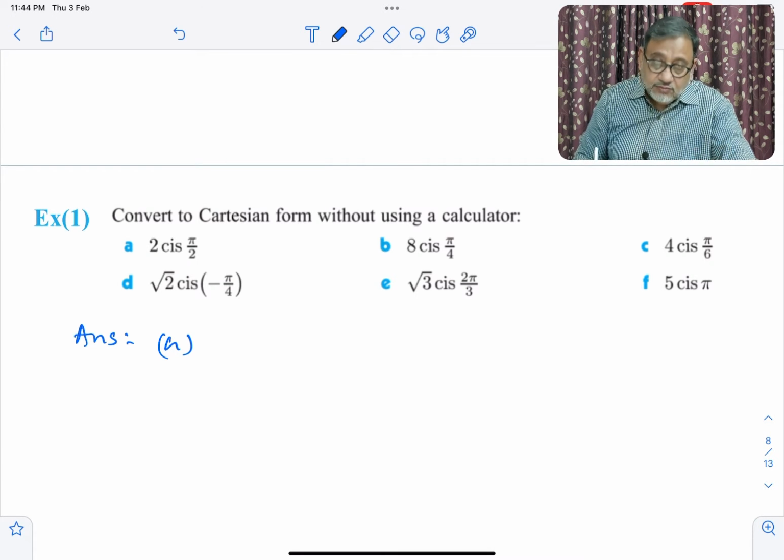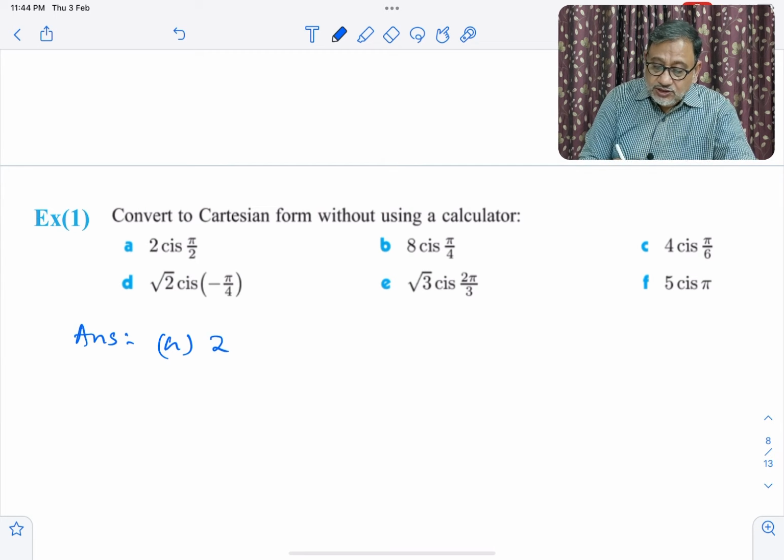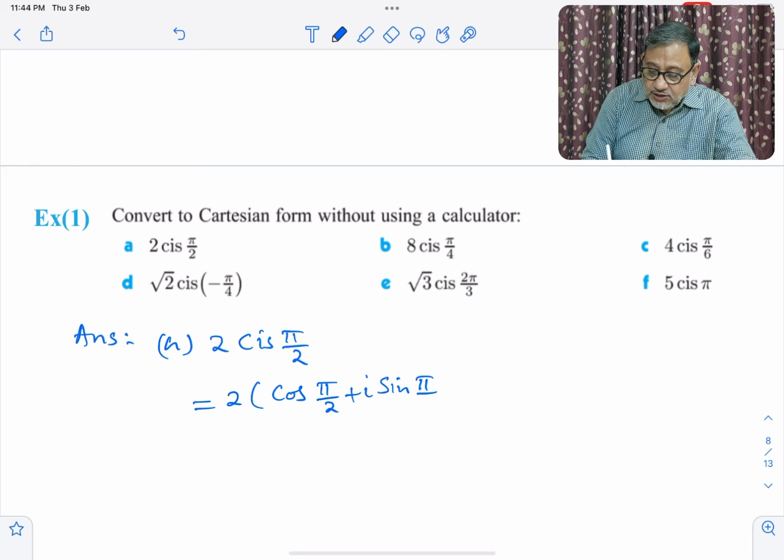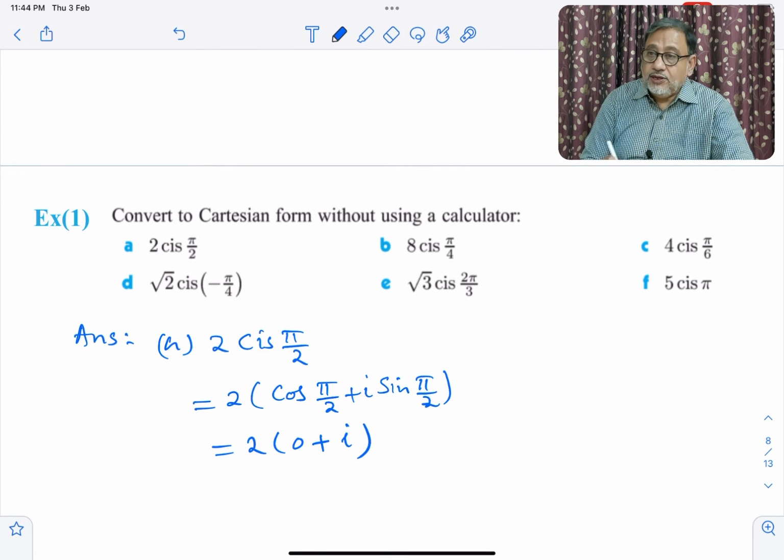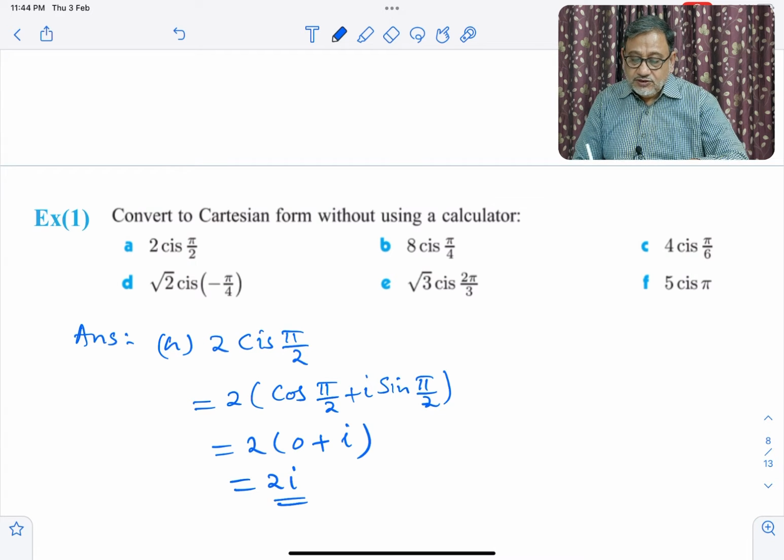This complex number 2 cis pi by 2 is in polar form. So we can write 2 into cos pi by 2 plus i sin pi by 2. Now you know that cos pi by 2 is 0 and sin pi by 2 is 1. So in Cartesian form the answer is 2i. This is the answer of the first part.